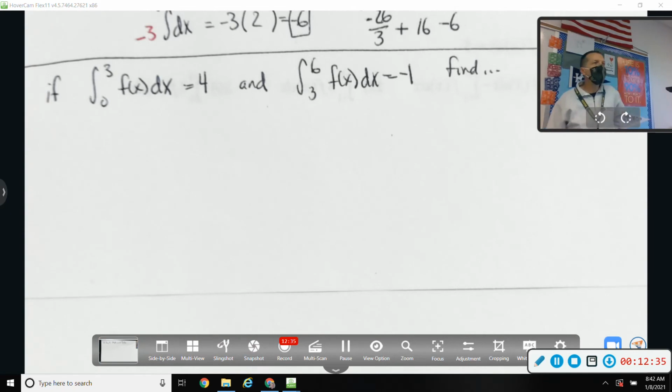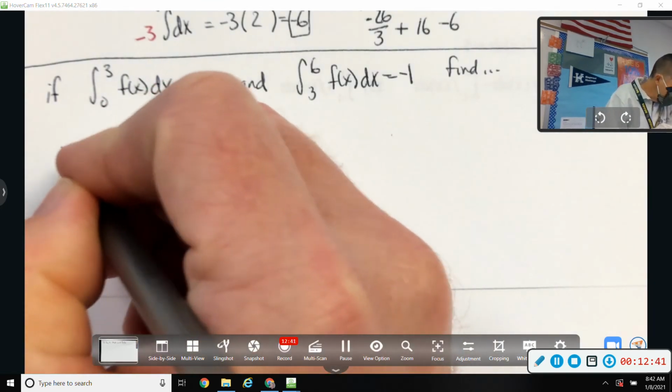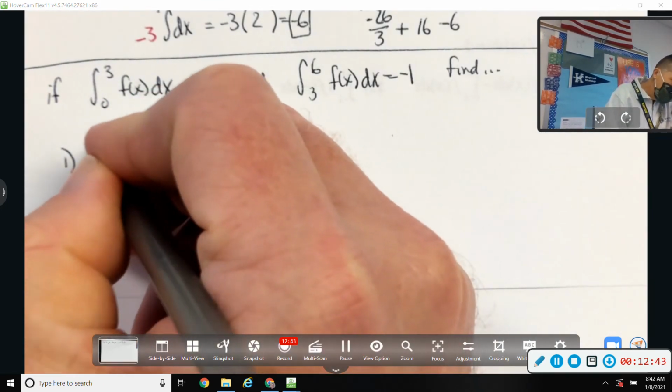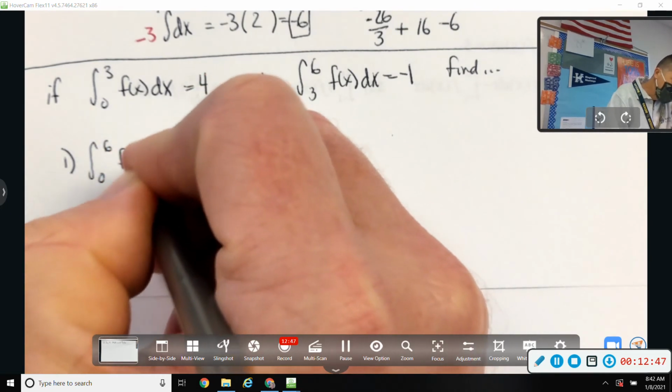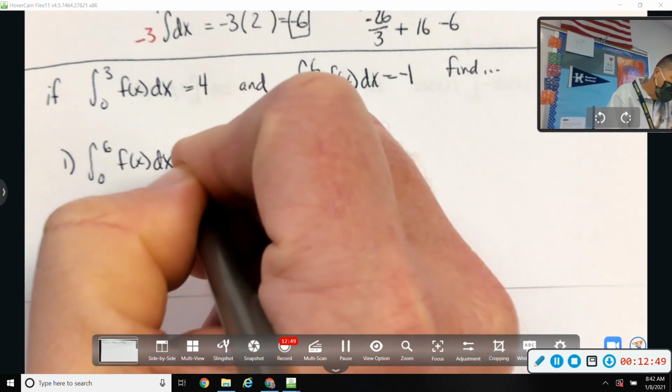We're going to give you a couple, and then we're going to tweak them and see if we can figure out what the answers are. Let's find the integral from 0 to 6 of f of x dx.